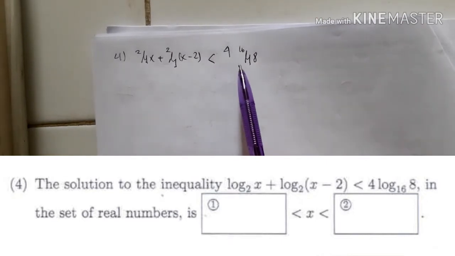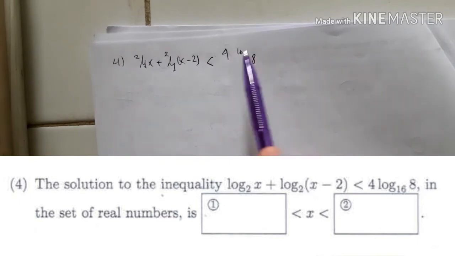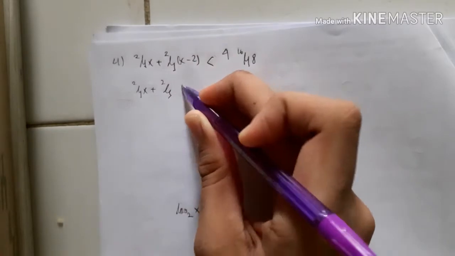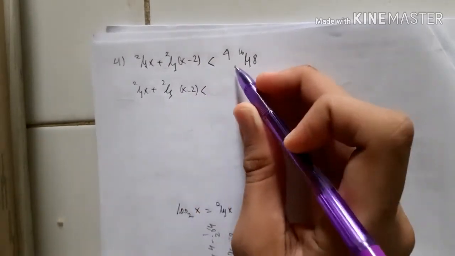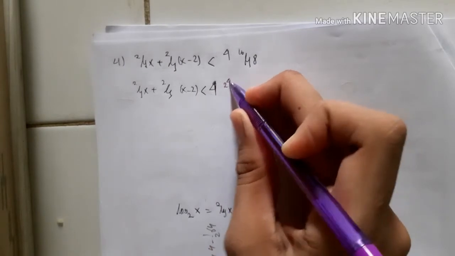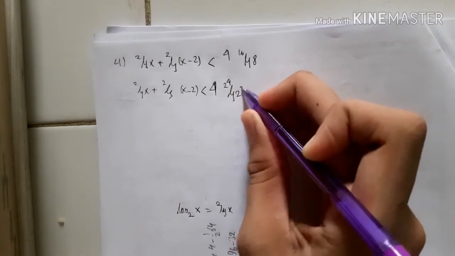Okay, so how to calculate this? First, you have to make the bases equal to each other. Now 16 is 2 to the power of 4, and the logarithm of 2 to the power of 3.